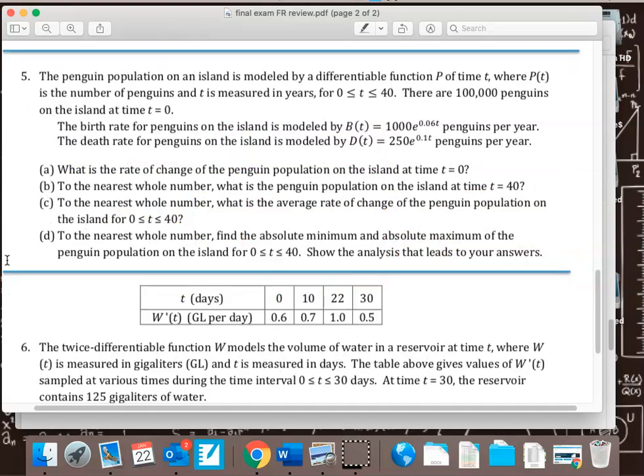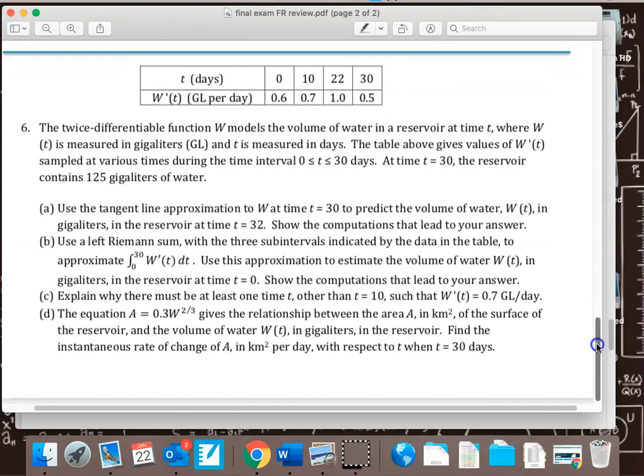All right, last question, much shorter, much faster. So it's a table three-part kind of a question. I'm going to read it to you, and then I'm going to give you another maybe 8 minutes to see if you get this one done. Hang on a minute. So notice it says the twice differentiable function W. They don't say that unless you need it.